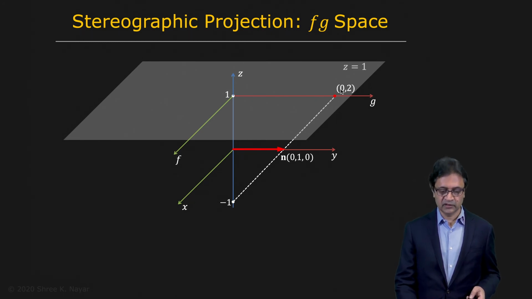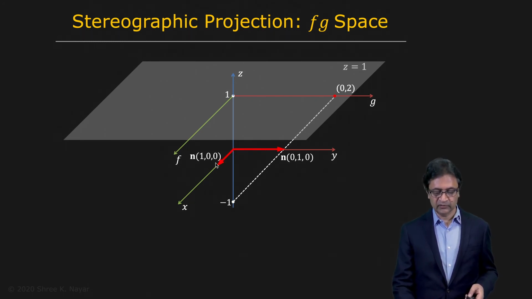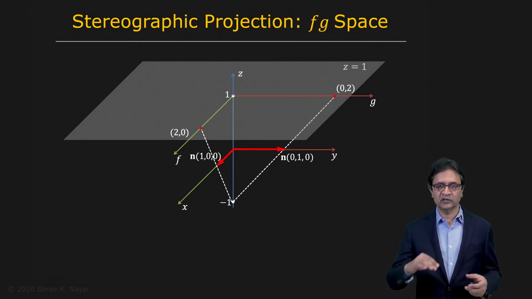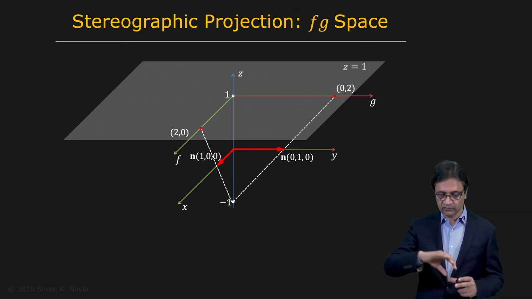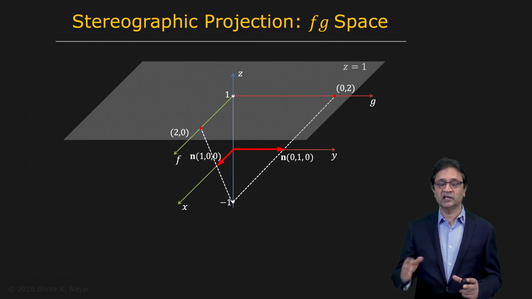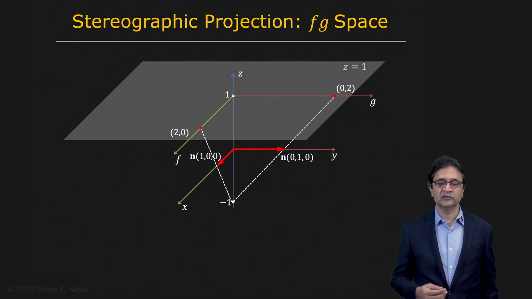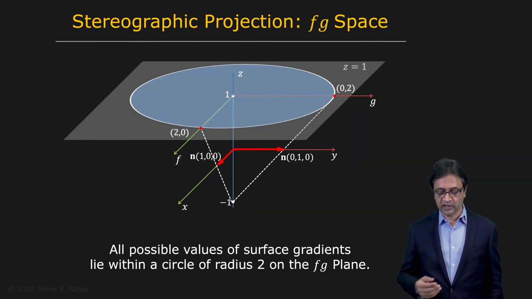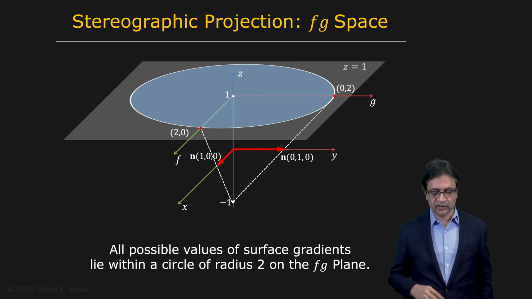And if you consider this unit normal here, which is aligned with the x-axis, the FG value corresponding to that is 2, 0, right here. In fact, you can convince yourself that all the FG values that correspond to the visible hemisphere, so you have the camera looking from the top and you have a visible hemisphere which is the set of normals that fall on the upper hemisphere, all of those surface normals are going to lie within a circle in FG space of radius equal to 2. So that's the advantage of using this.